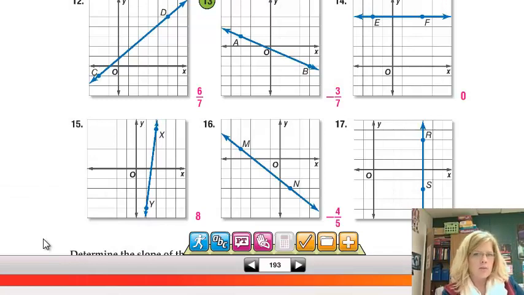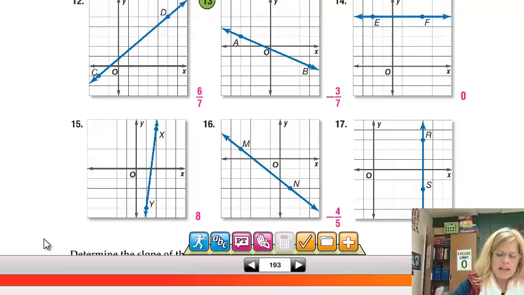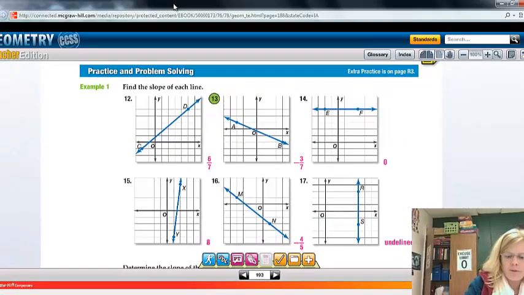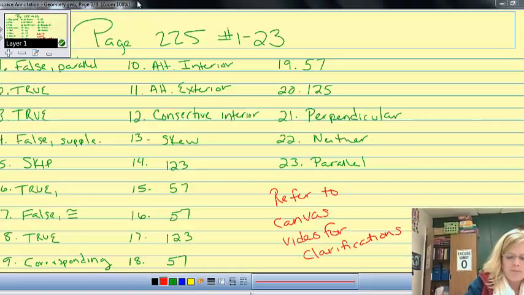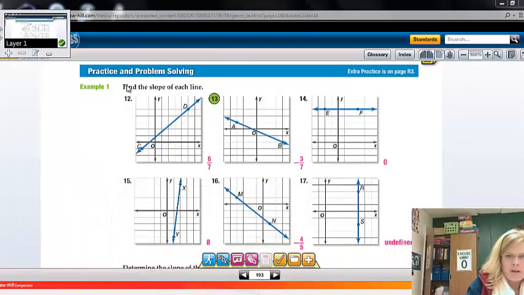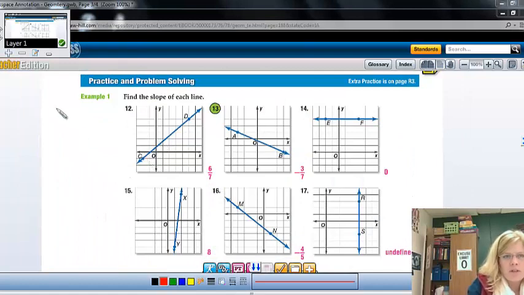So if you look at this one, 12 through 16, find the slope. You could have looked at these 2 points right here and done the slope formula, which is y2 minus y1 over x2 minus x1.